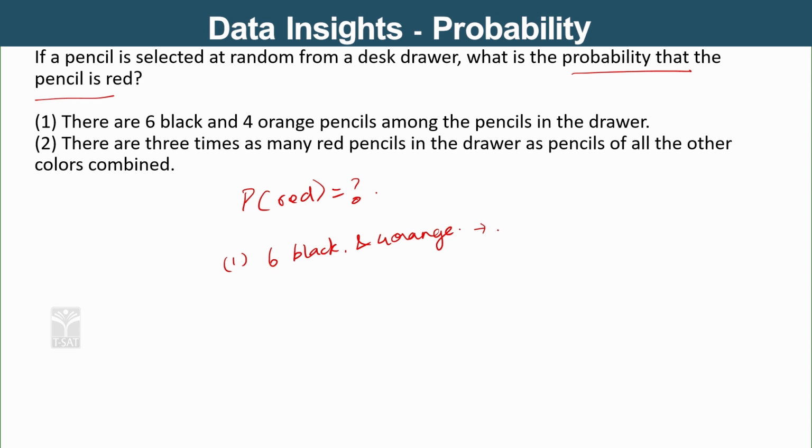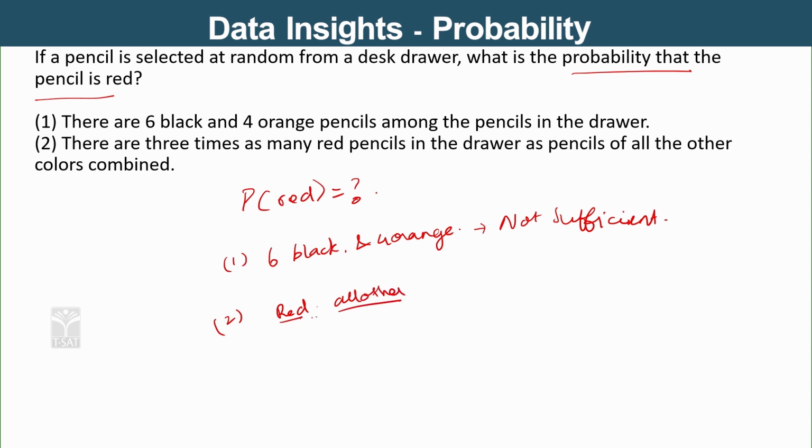We need the number of red pencils divided by the total number of pencils to find the probability of a pencil selected being red. So, therefore, this information is clearly not sufficient to answer the question. Now, let us look at statement 2. Statement 2 says there are 3 times as many red pencils in the drawer as pencils of all other colors combined.